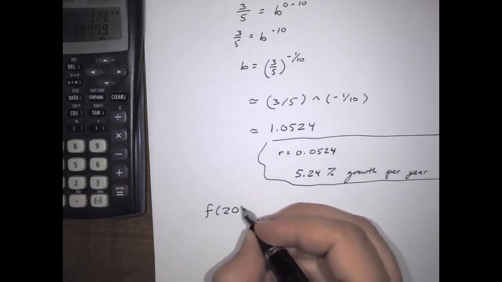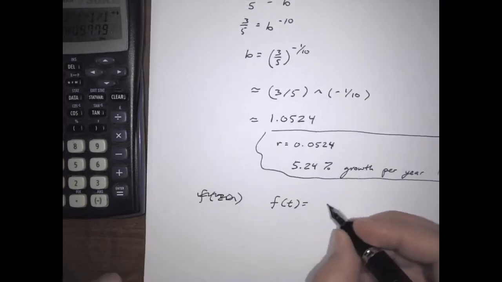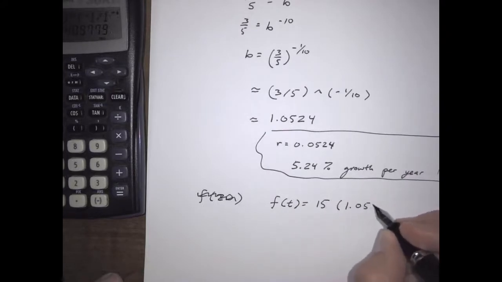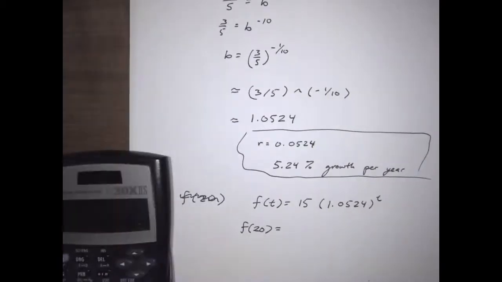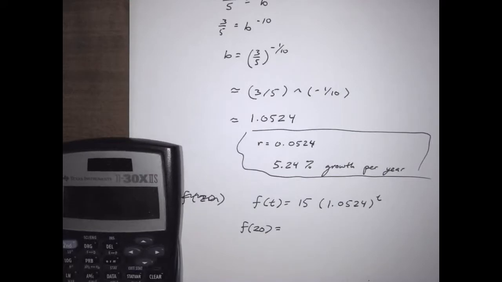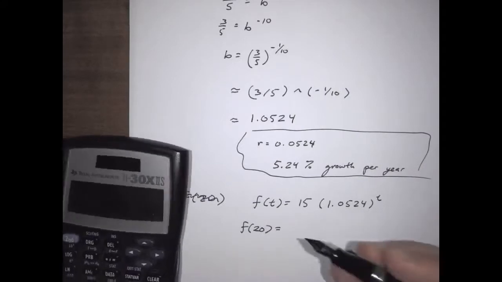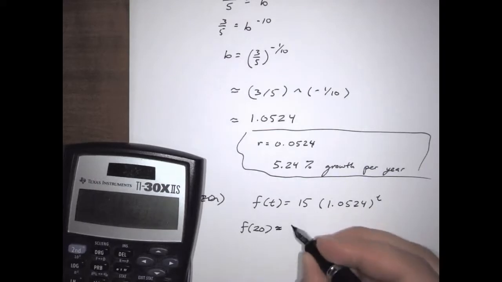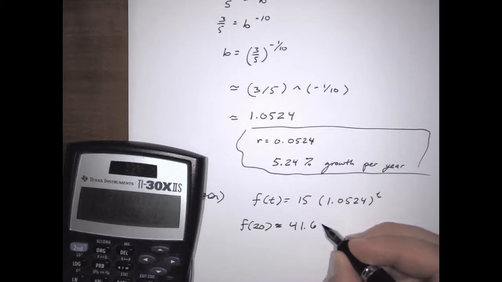So f of t is equal to, the a we were told was 15, 1.0524 to the t, and then f of 20 will be, so then we calculate that, 15 times 1.0524 to the power of 20, and that gives us f of 20 is approximately 41.6586.